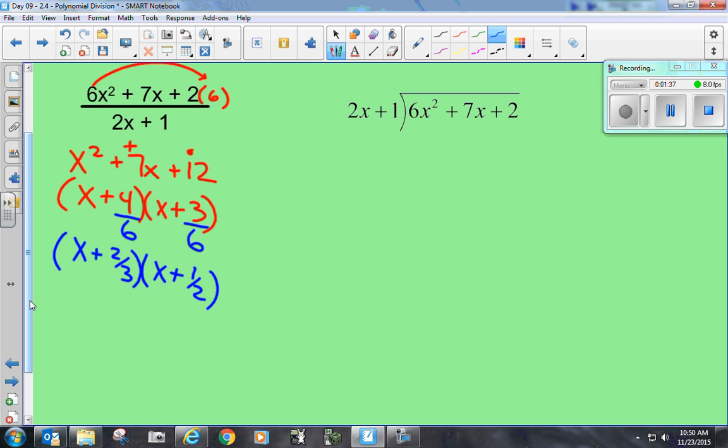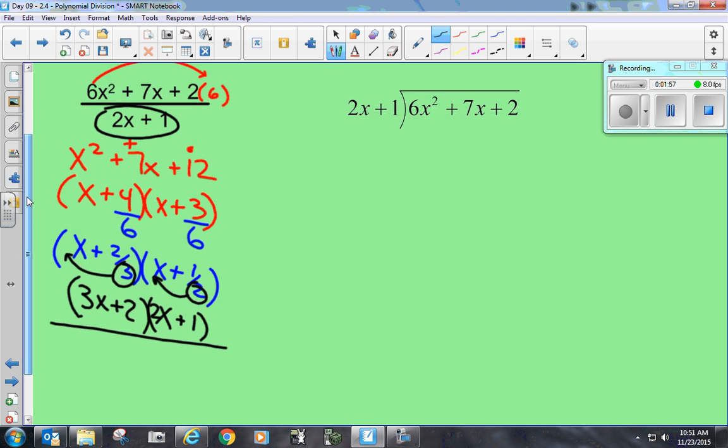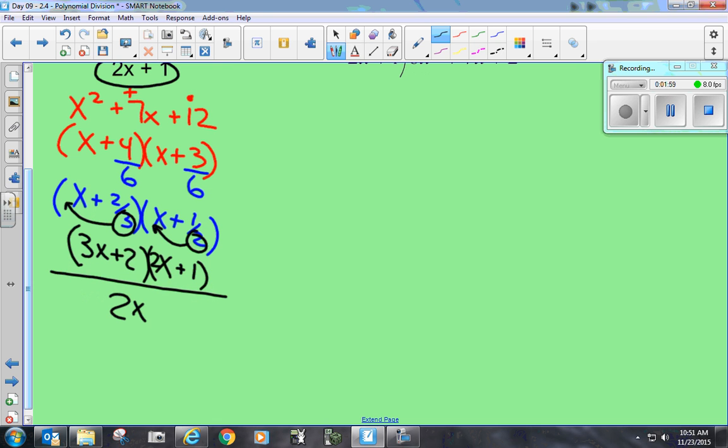Now we're at the bottoms up stage. And if I bring my denominators up, I get 3x plus 2, and I get 2x plus 1. That is just the denominator. That is all over, don't forget, it's all over 2x plus 1, right? And the beautiful part here is what now?